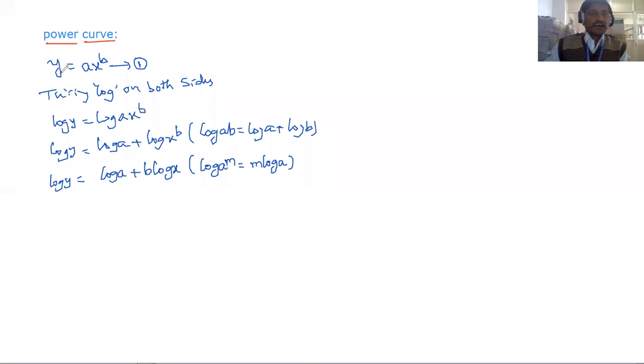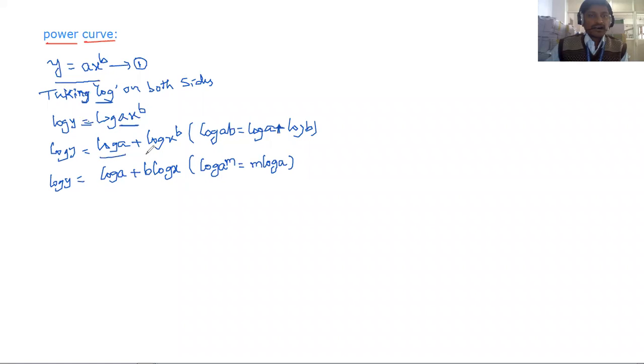Now you can see that first we are taking the power curve y is equal to a x power b, and next taking log on both sides. Same as for y equal to a b power x, on both sides, then log y is equal to log a x power b. Next, this is in the form of log AB, so we write log A plus log B by using that formula.